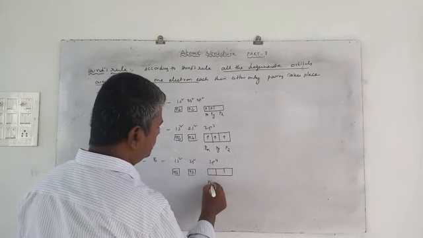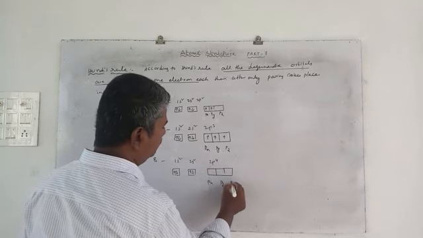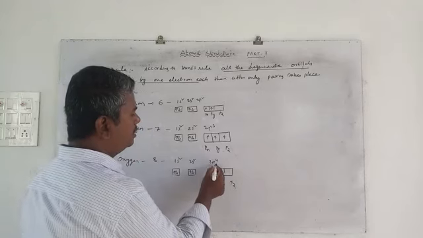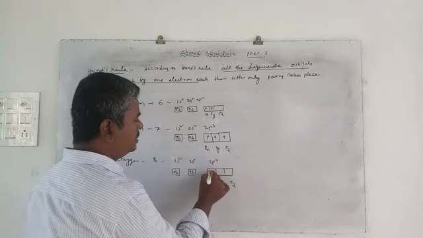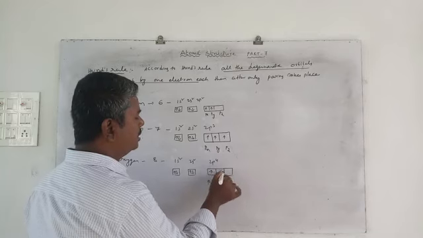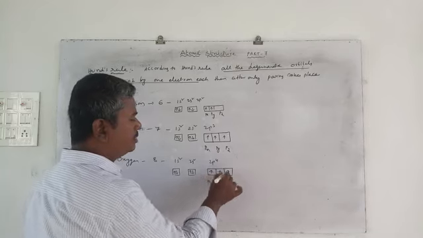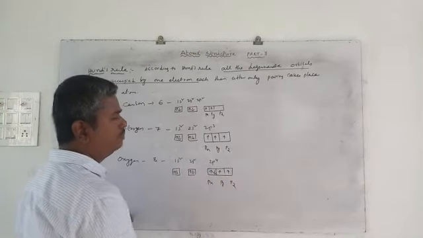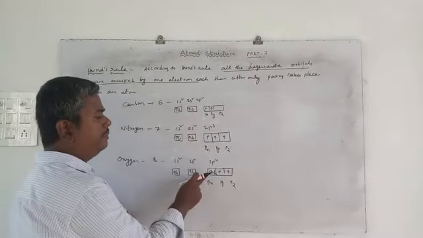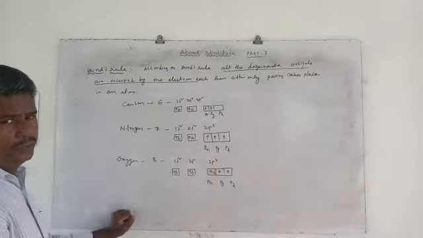This one is px, this one is py, this one is pz. So how many electrons are there? 4 electrons. Out of 4 electrons, first each degenerate orbital is occupied by 1 electron each. For the remaining 4th electron, pairing takes place. Until then, it will not be paired. Clear? So that is the statement here.